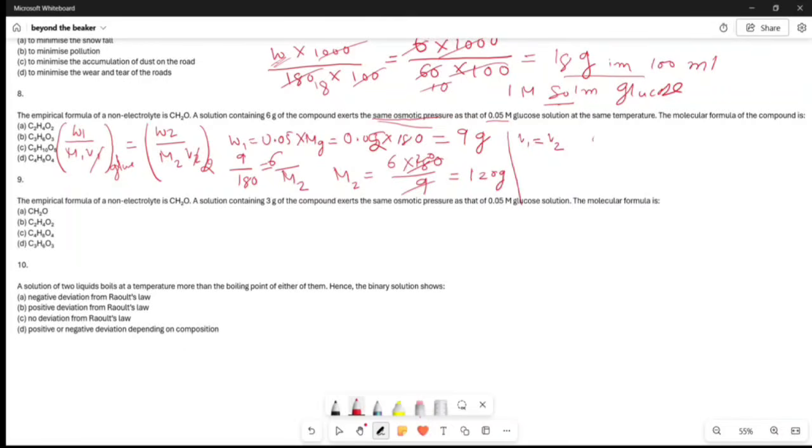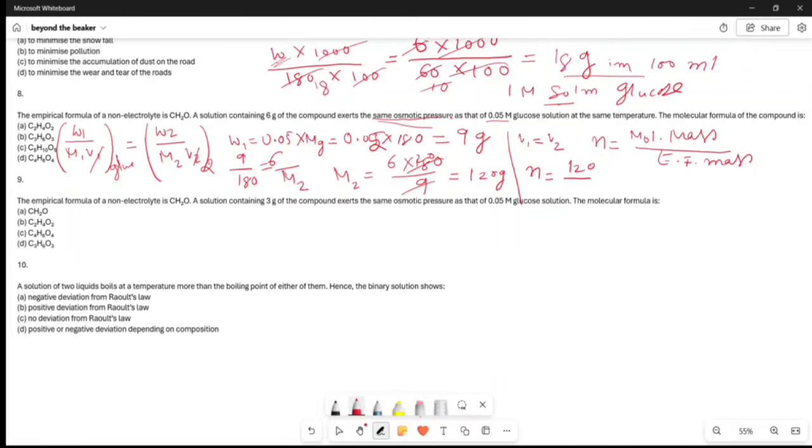So n is equal to molecular mass divided by empirical formula mass. Already I calculated the molecular mass. Molecular mass is 120, divided by the empirical formula mass. The empirical formula is C1H2O1.